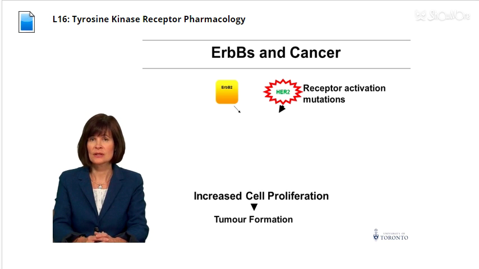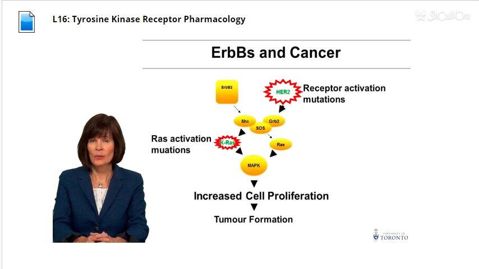HER2 mutations found in many breast tumours result in receptors that are active in the absence of ligand, and we call this constitutive activity. When this occurs, the receptors signal to the downstream pathways, such as the GRB2, SHC, SOS pathway, that is involved in activating RAS and MAP kinases, resulting in an increased cell growth.